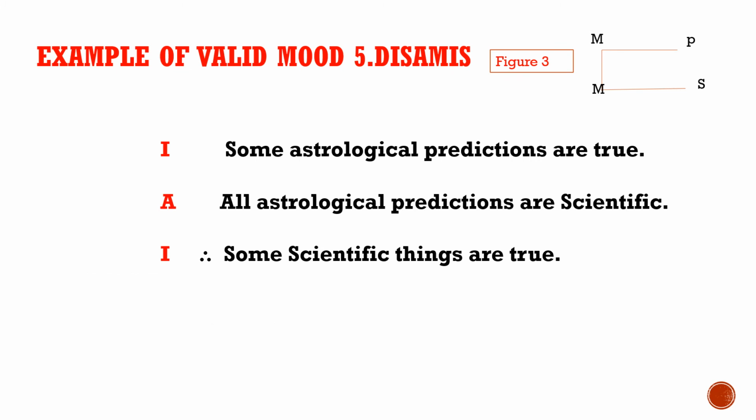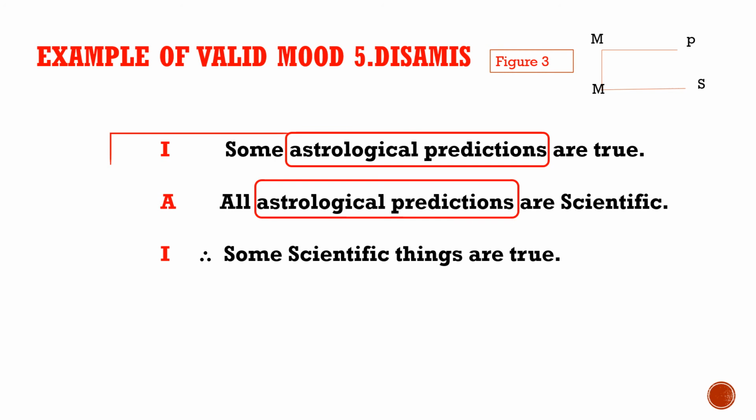Now let us take an example of the valid mood 5, Disamis of figure 3, IAI. Some astrological predictions are true. All astrological predictions are scientific. Therefore, some scientific things are true. Let us see the middle term. Astrological predictions is the middle term.